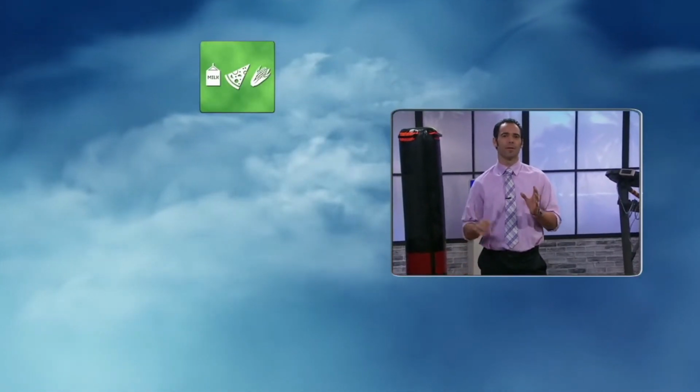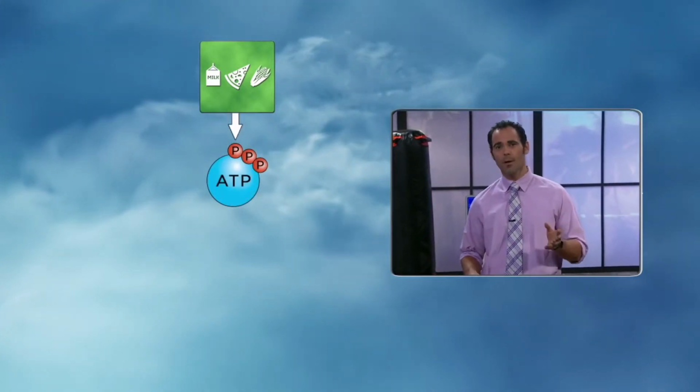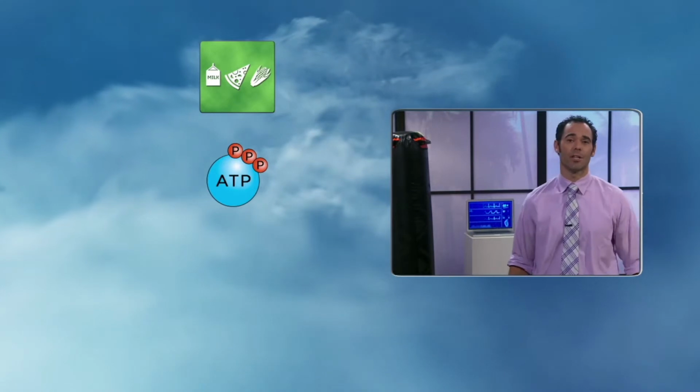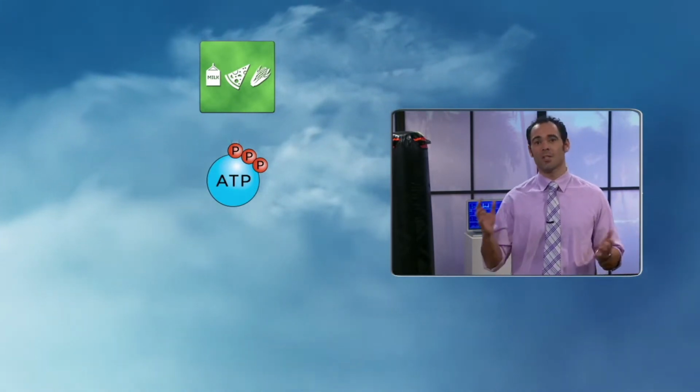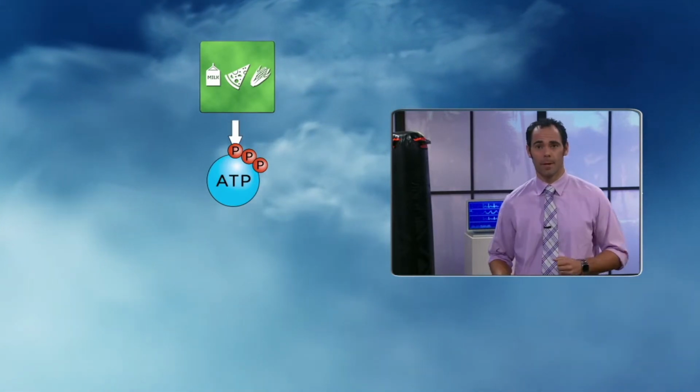We produce actual energy by converting the food we eat into something called adenosine triphosphate, better known as ATP. And ATP is often called the energy currency of the body because, in a sense, we pay for all of our biological actions with ATP.